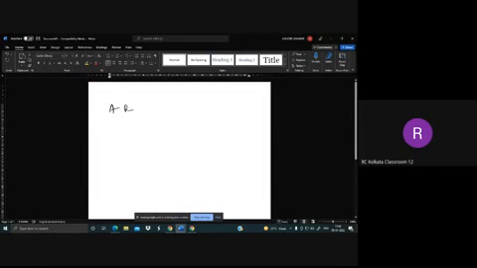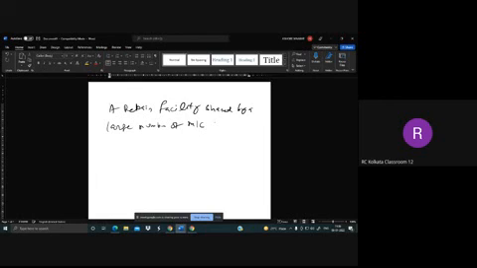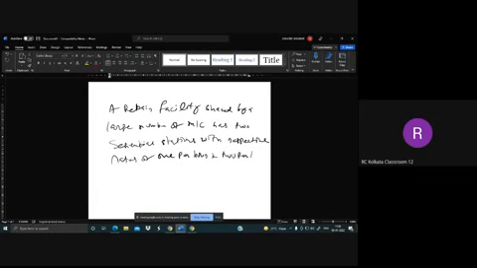A repair facility shared by a large number of machines and has two sequential stations with respective rates of 1 per hour and 2 per hour.